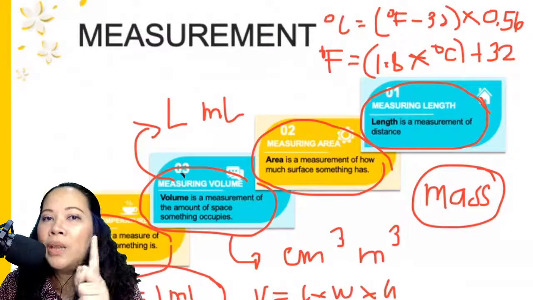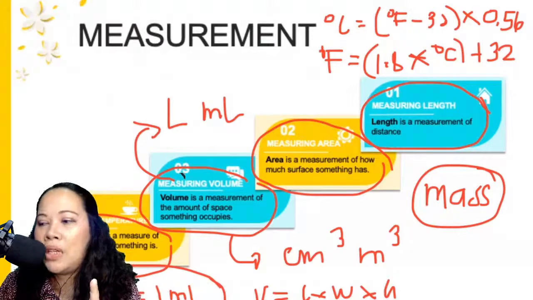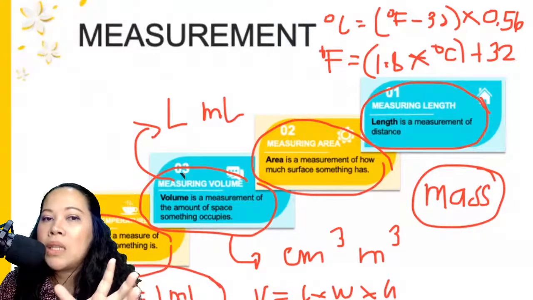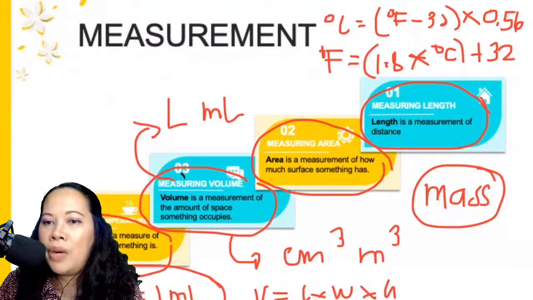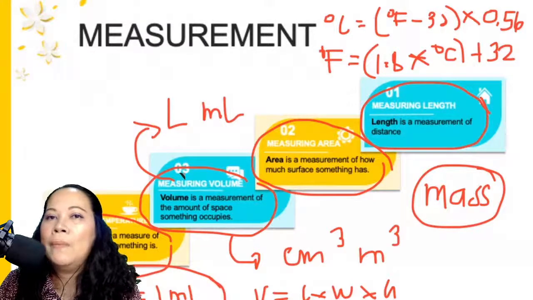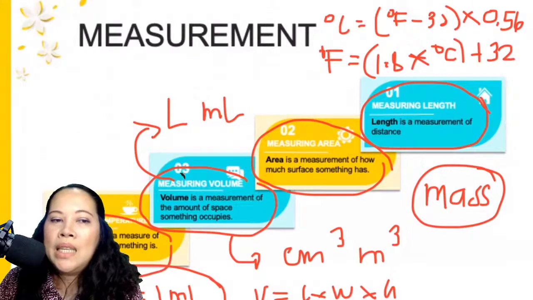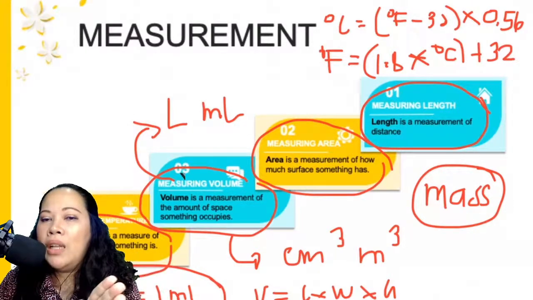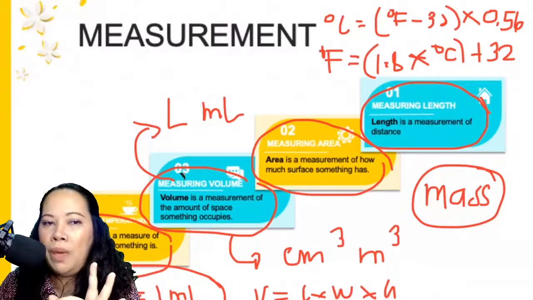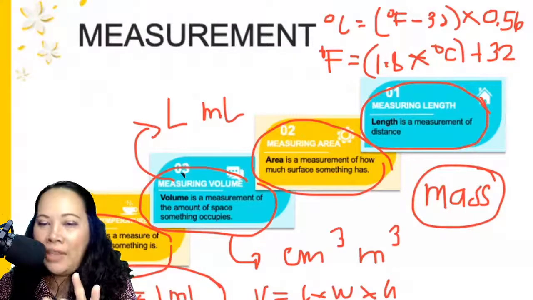And please do take note, we just finished order of operations. So anything inside the bracket must be done first before you do the operations outside the bracket. Okay. So that is your measurement of temperature. The third measurement is actually Kelvin.